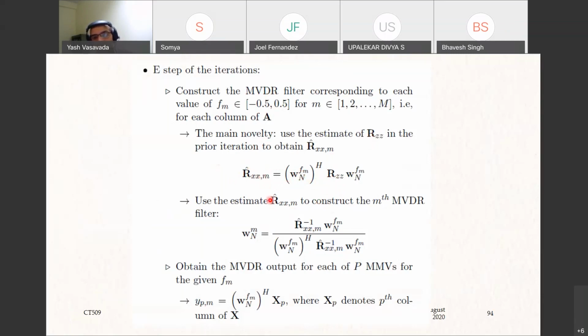And so using that estimated Rxx, we formulate the MVDR filter. And then this is simply passing the signal through the MVDR filter, where we do this on each column of capital X. Remember, we have multiple measurement vectors. So we use this MVDR filter on each of those measurement vectors. So we will get a total of capital P such outputs for each value of M.